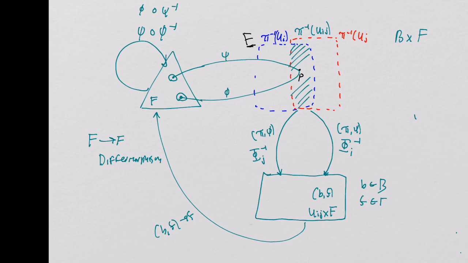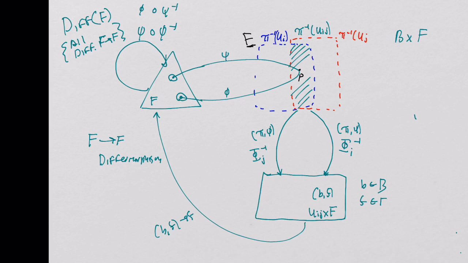So these functions here are in fact diffeomorphisms on F. And that's important because there's a group out there called Diff F, which is the set of all diffeomorphisms from F to itself, right? And these guys here must definitely be members of that group.